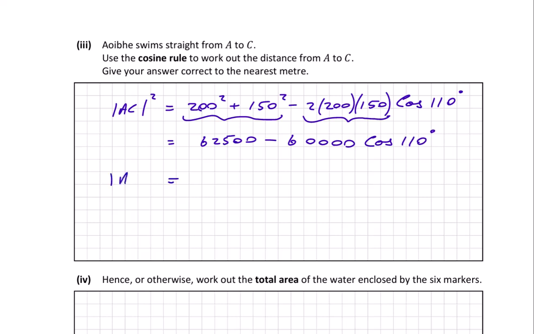Okay, so AC squared, when you do all of this on the right hand side, you will get 83021.2086. We've got to get the square root of both sides to get rid of that 2 up here. So when you get the square root of the right hand side and round it to the nearest meter, it's going to be 288 meters.